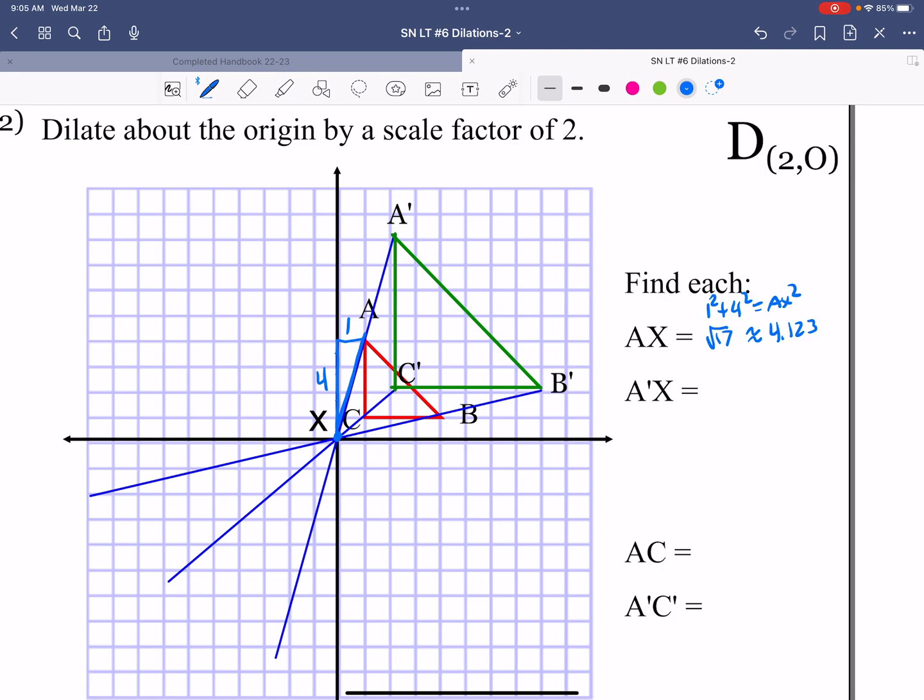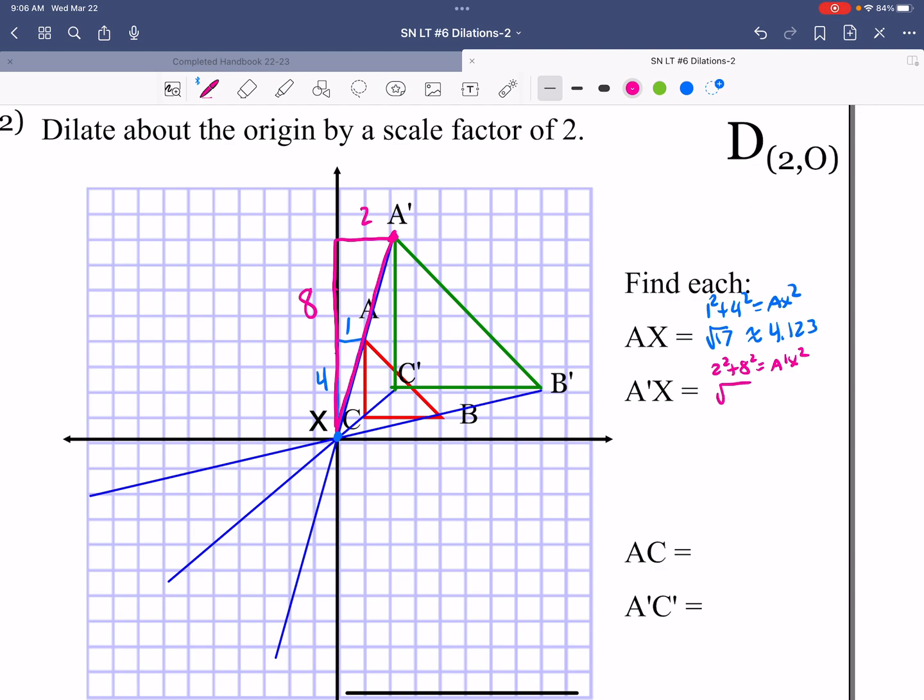A prime X is now this distance up here to X. So I'm going to build a right triangle there. And this is 4, 5, 6, 7, 8. And this is 2. So it's 2 squared plus 8 squared equals A prime X squared, which is going to be 4 plus 64, sorry.